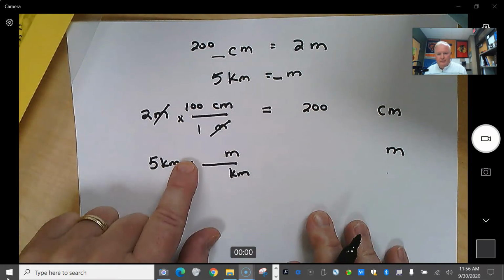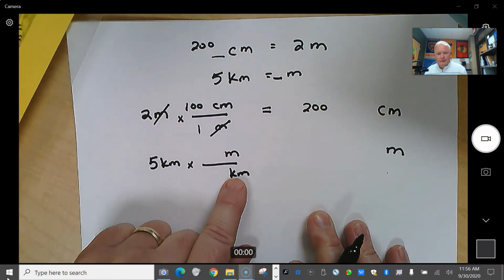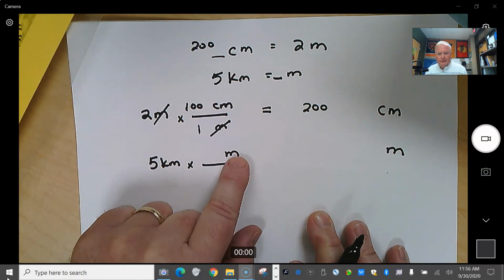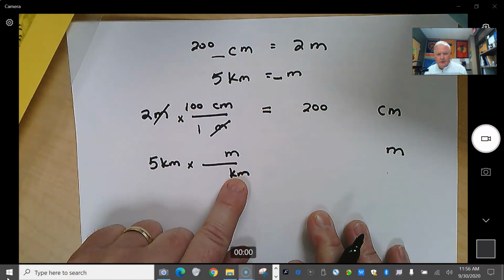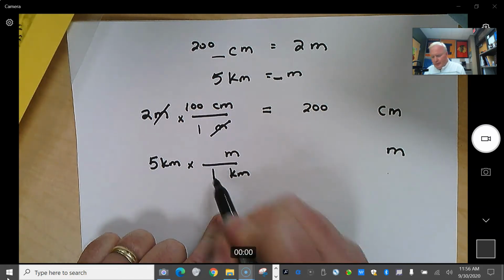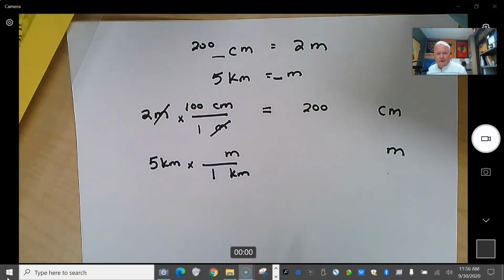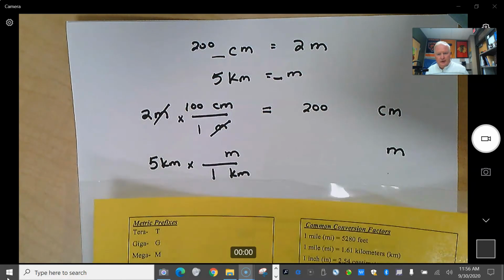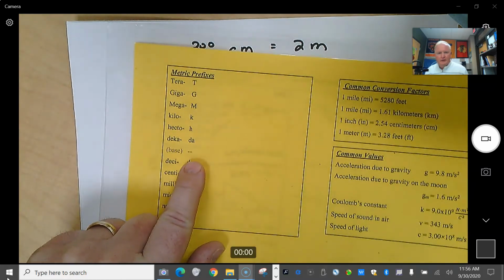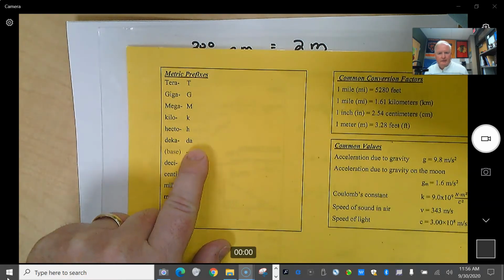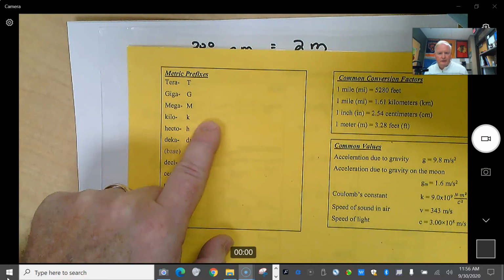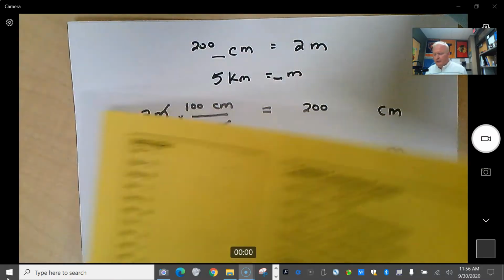And now we need to put in our numbers, right? And so we say to ourselves, which one is bigger, kilometers or meters? Kilometers is bigger. So I'll put a 1 in front of it. I go to my yellow sheet and I say, what's my number for kilo? Well, here's base 1, 2, 3. So 1,000, right? 3 zeros.